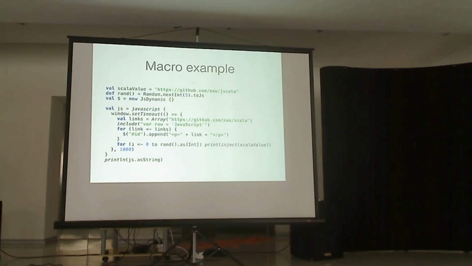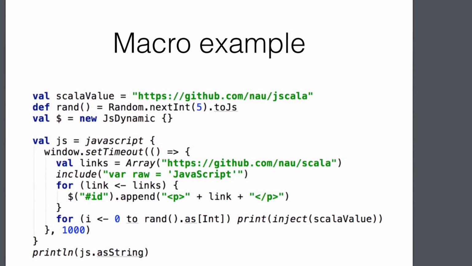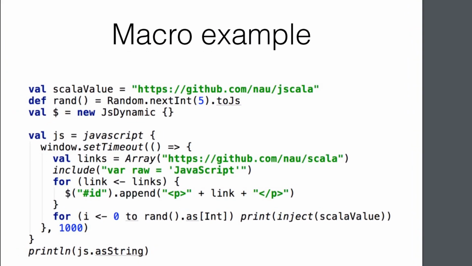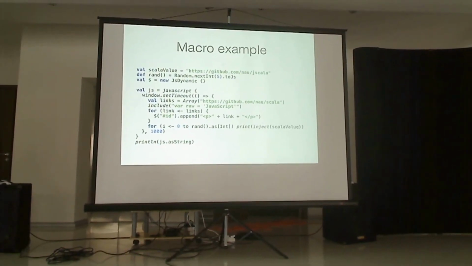We can include raw JavaScript using the function include. And we can define this JS dynamic $ sign, which we can call any methods on, and it's going to be translated literally into this line.